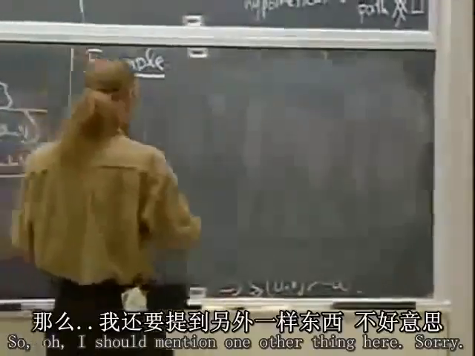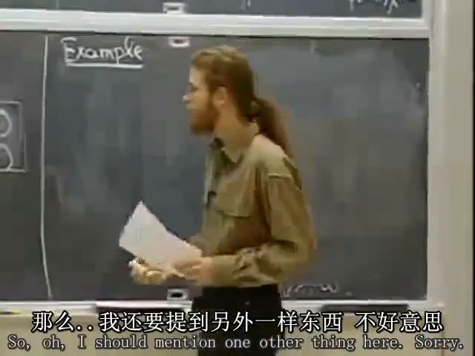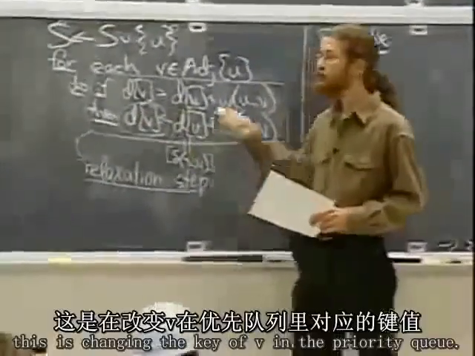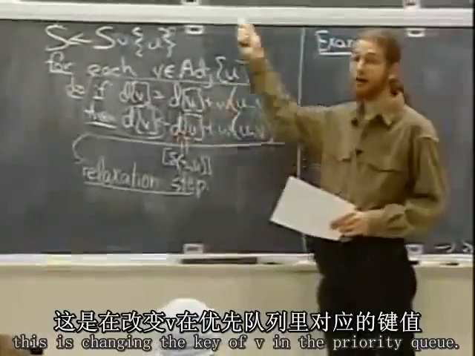So let's take, oh, I should mention one other thing here, sorry. Whenever we change d of v, this is changing the key of v in the priority queue.